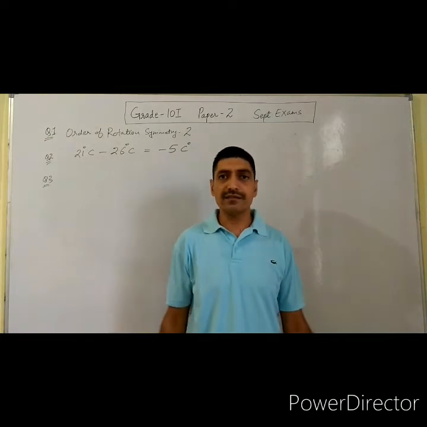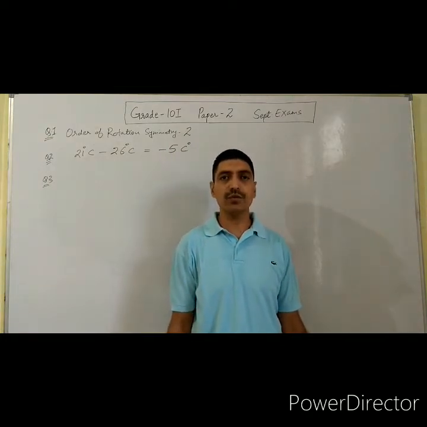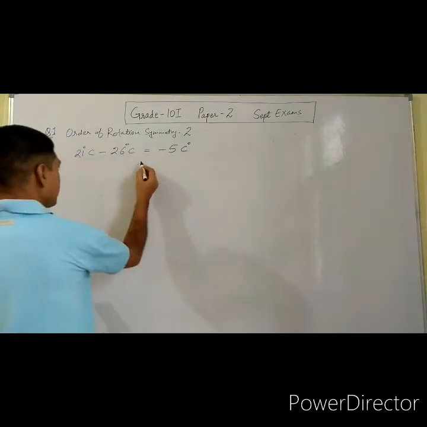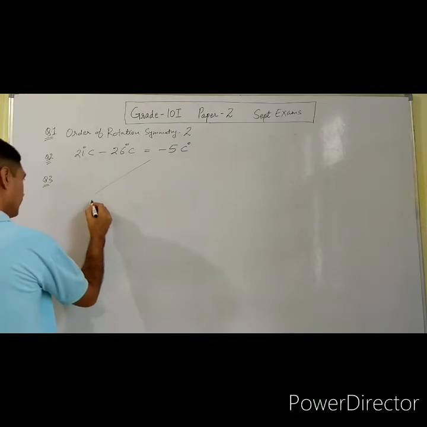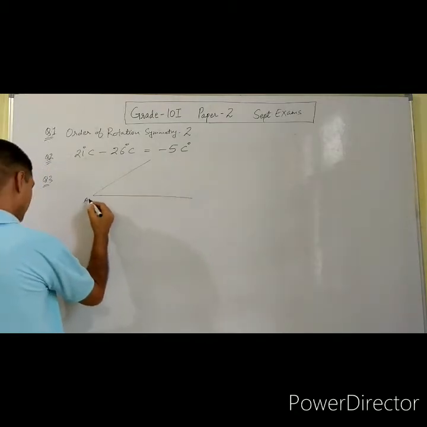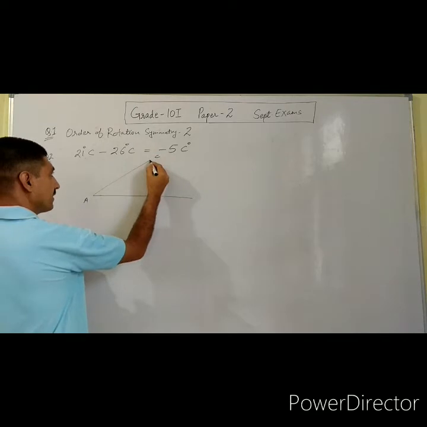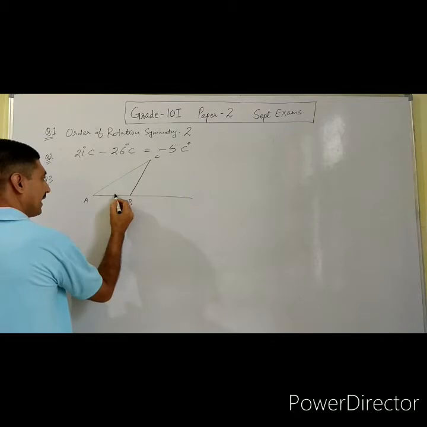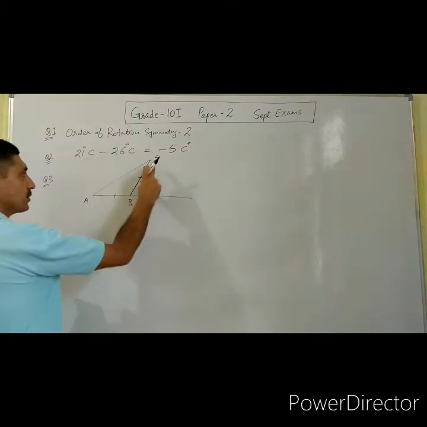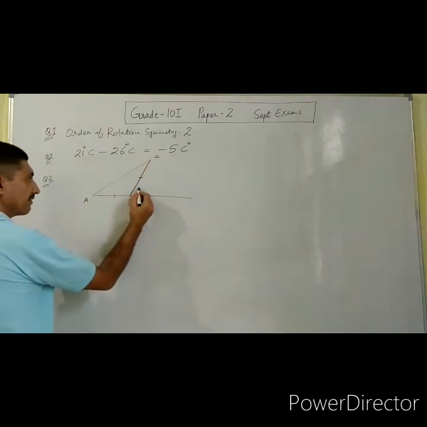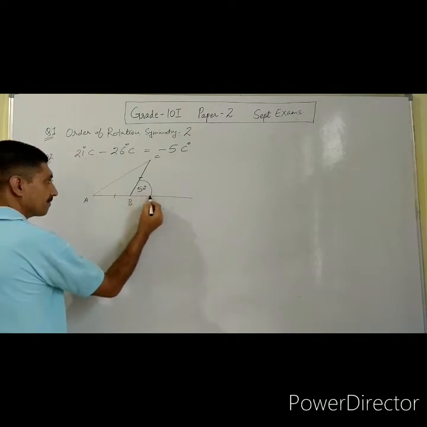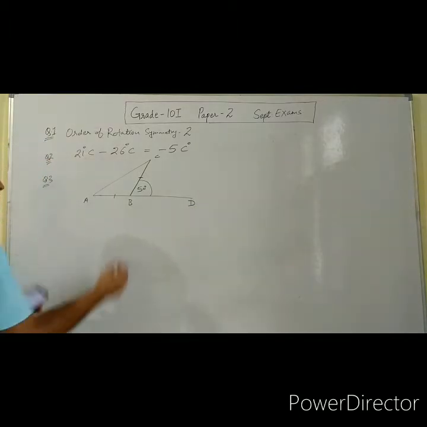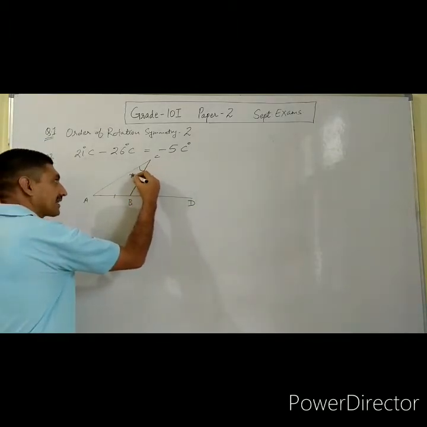here a diagram is given. We have to find the value of x. So the diagram is in this way. Here we have a point A and point C is here, and ABC is an isosceles triangle where AB is equal to BC, and this angle is 50 degrees, and here the point is D. Now we have to find the angle x.